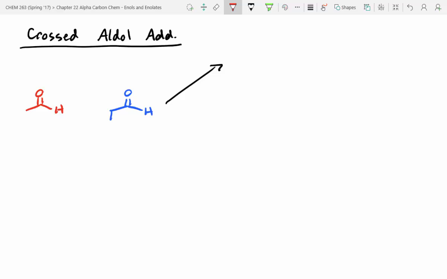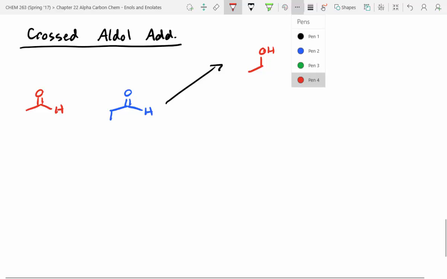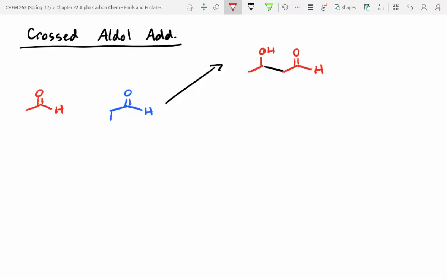So let's try to piece together the 2 reds coupling. If we have 2 red products coupling, we would end up with a beta hydroxyaldehyde that looks like this, right? So that's one option. Now let's do the 2 blues.